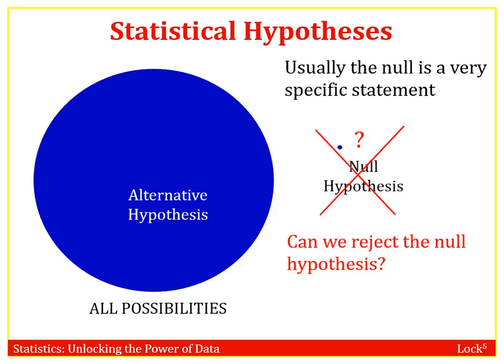You might think if we find evidence against our null hypothesis, that means our alternative hypothesis would be true. Well, no. All we can do is say that we failed to find evidence against our null hypothesis, or we found strong evidence against our null hypothesis.